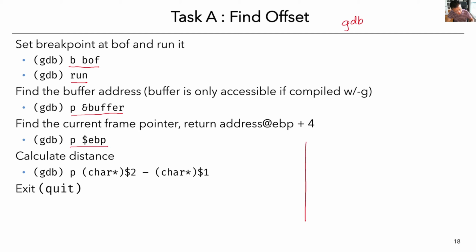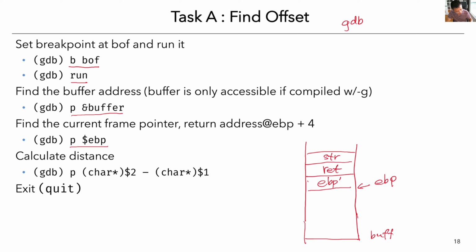Now, if you still remember this, we have the parameter, and this is the return address. Then we have the saved EBP, but at the same time, the EBP register points to here. Then we have the buffer.